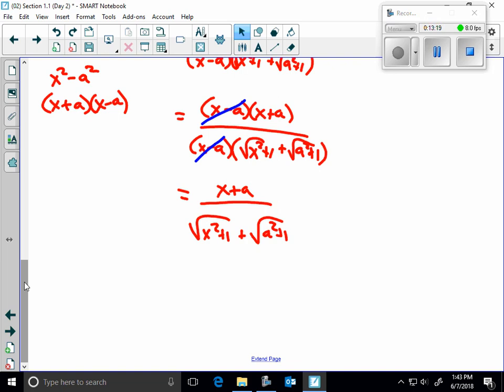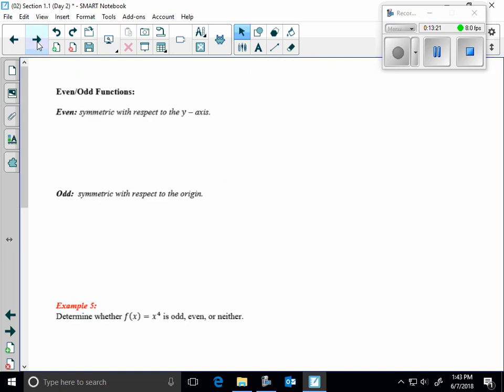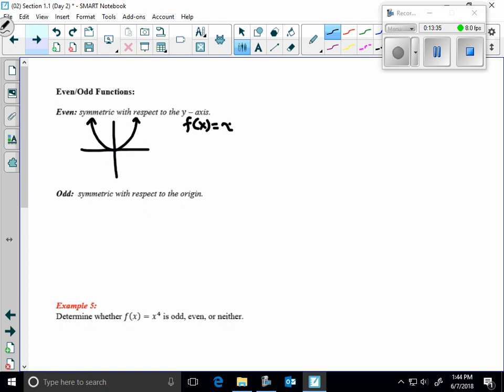Okay, let's keep moving. Let's talk about even-odd functions. Even functions are symmetric with respect to the y-axis. So let's look at a general one. Here is your function f of x equals x squared. So on f of x equals x squared, let's say this is 2, then this point would be 2, 4.